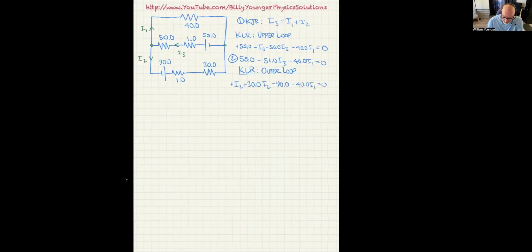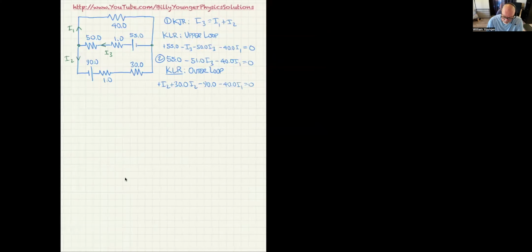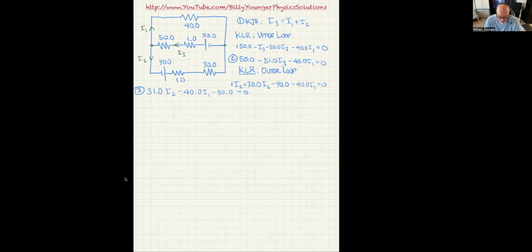Now we're up to equation 1 and 2, and now 3 was the last one we just did after we combined like terms. And now our goal is to figure out some way to solve this. By me doing these two loops that had a common wire in it, that actually allows me a technique that almost always works when solving the system of equations.